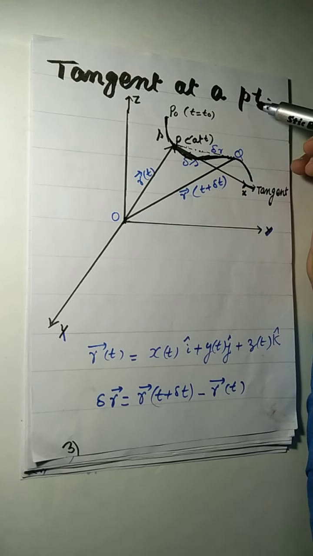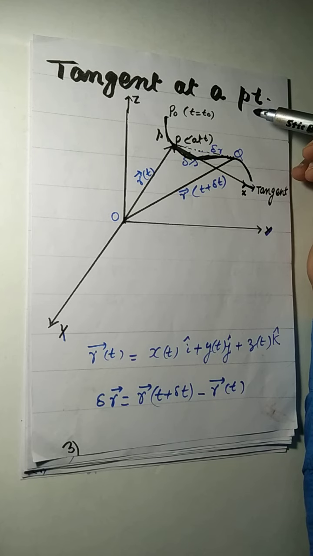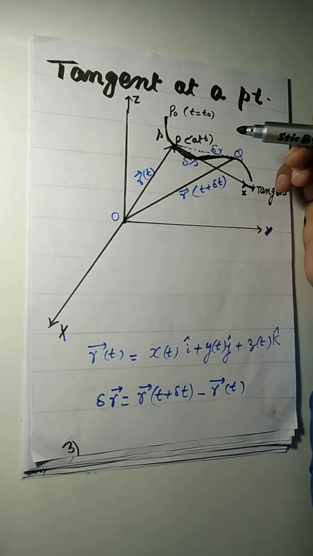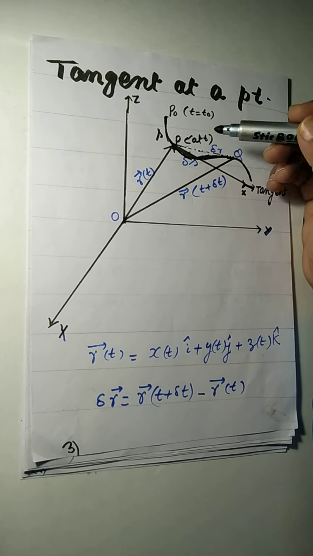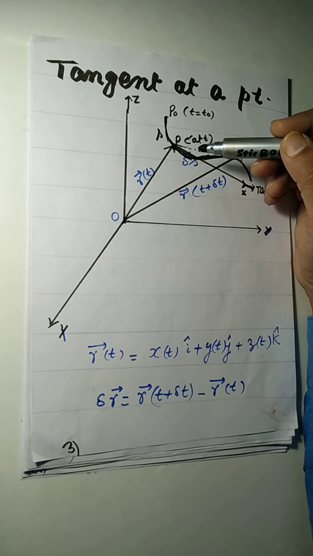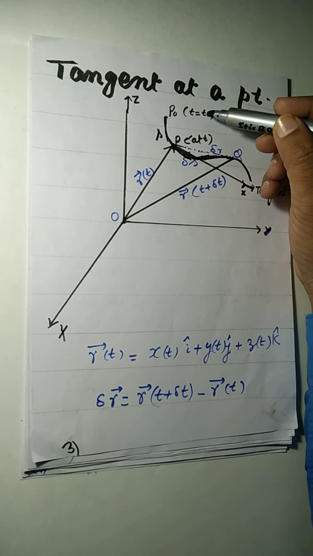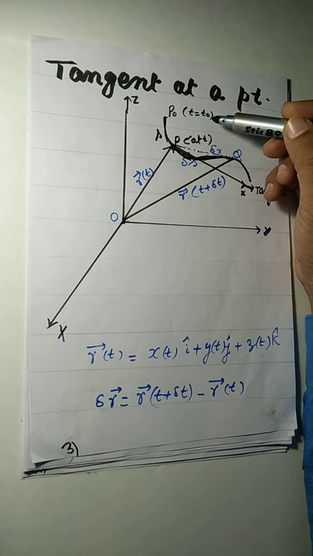Now, tangent at a point and arc length. Here, point P0 is the initial point at time t equals t0.